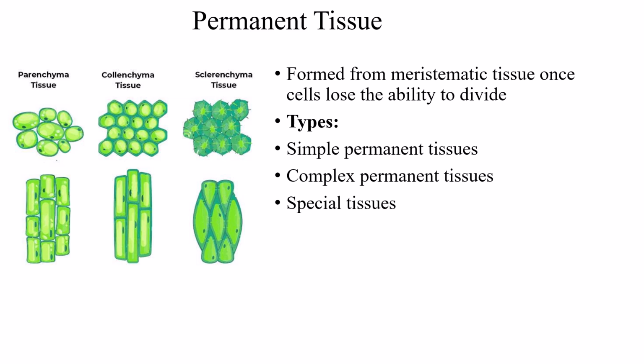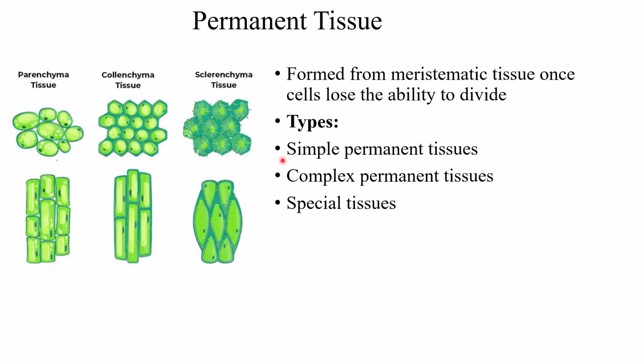Now we are moving forward to permanent tissue. Permanent tissue is formed from meristematic tissue once cells lose the ability to divide. So these were once meristematic tissue that lost their ability to divide and took on a specific function. Parenchyma, collenchyma, sclerenchyma: these are simple permanent tissues in this given figure.